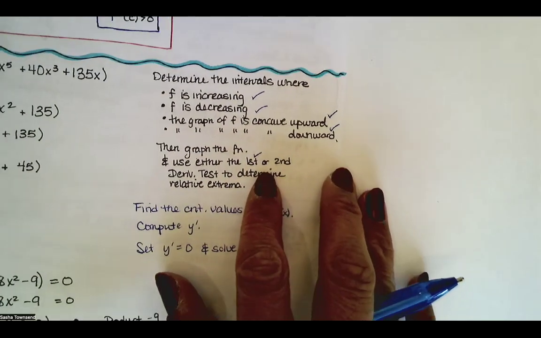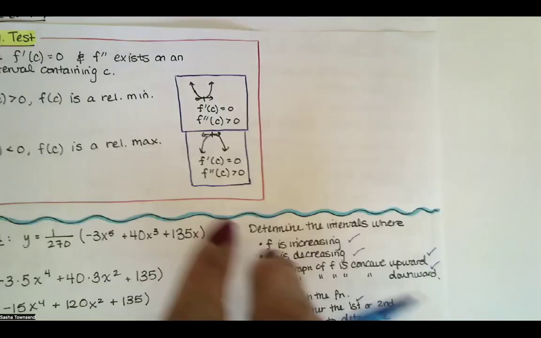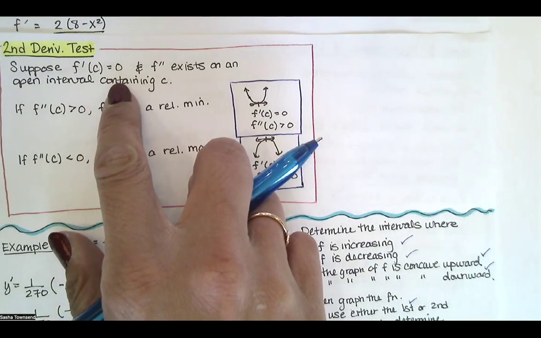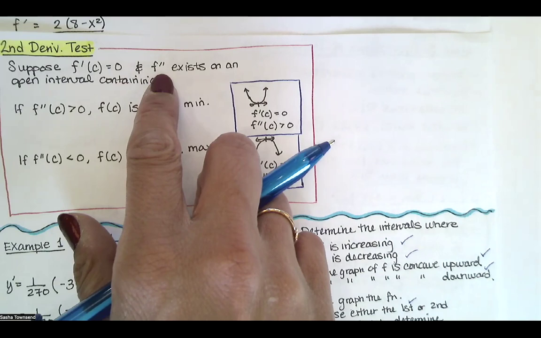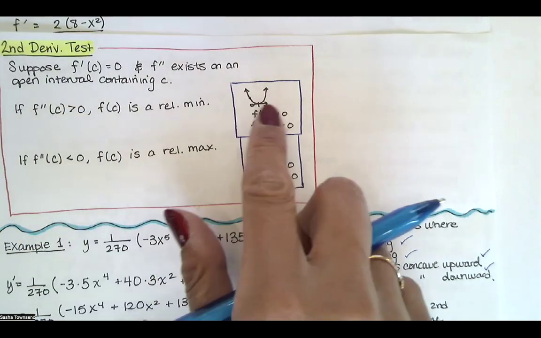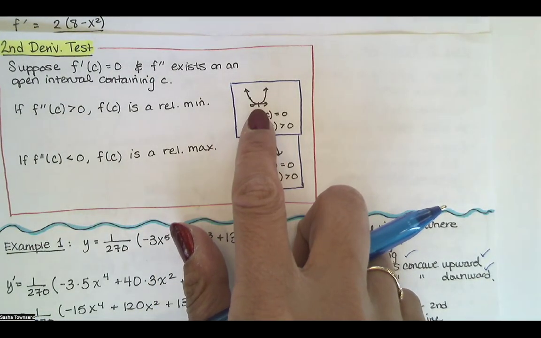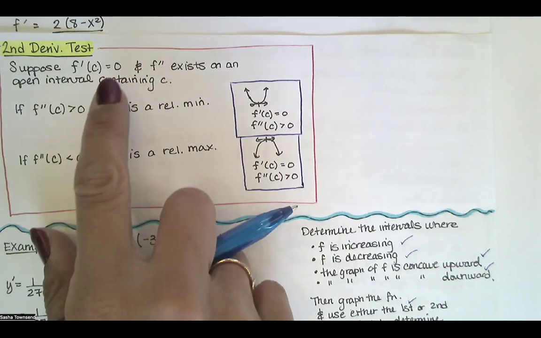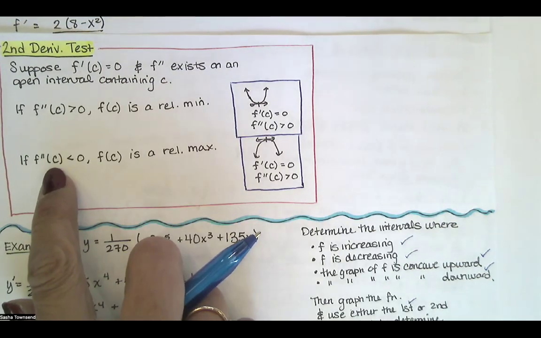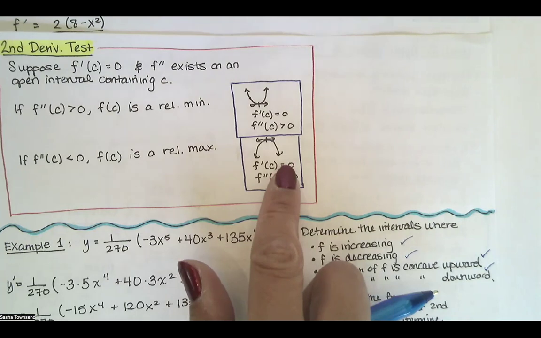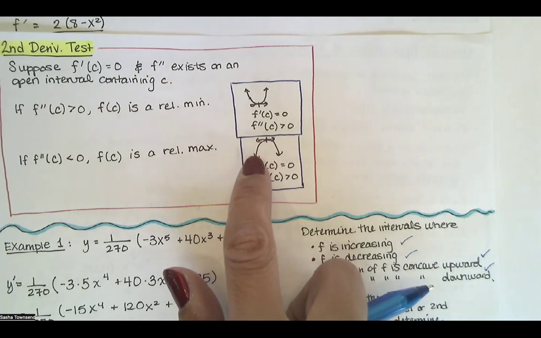Now, remember how the second derivative test works. It says, if we're at a critical point and the second derivative is positive there, the graph is concave up. So we must have a relative min. If we're at a critical point and the second derivative is negative, the graph is concave down. So since the derivative is 0, we must be at the top. We must be at a relative max.